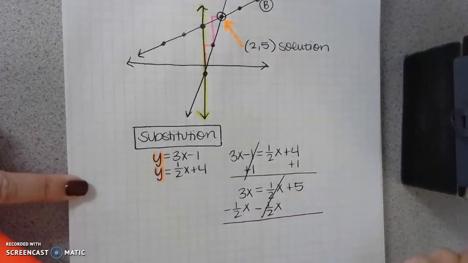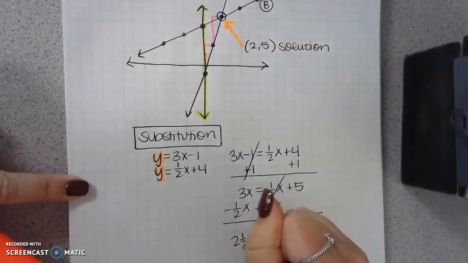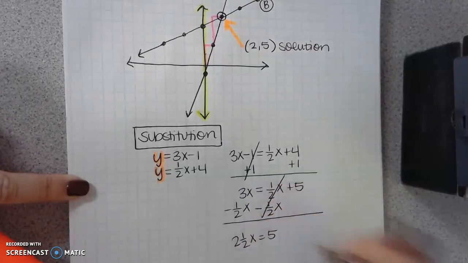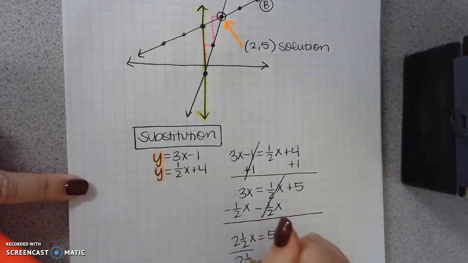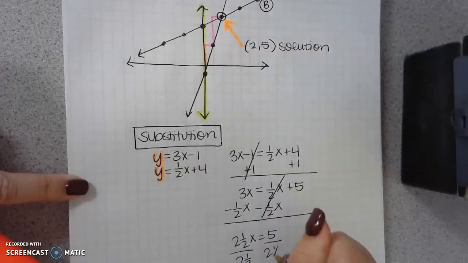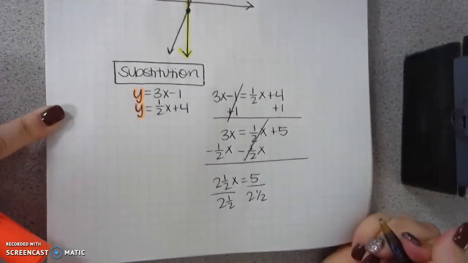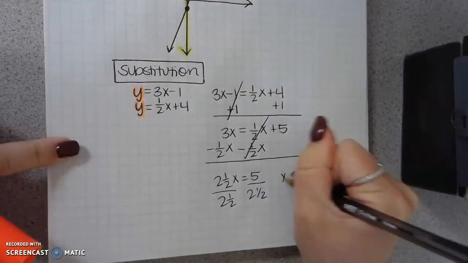And then 3 minus a half is 2.5. And then when you divide x by 2.5, or you could multiply by the reciprocal, whatever feels right to you, you'll get x equals 2.